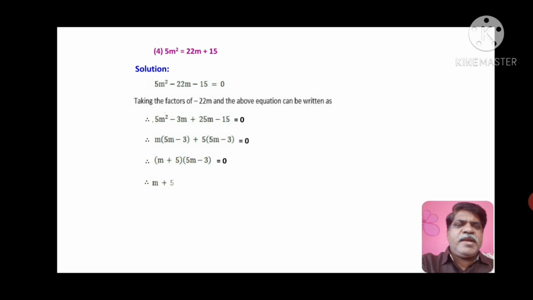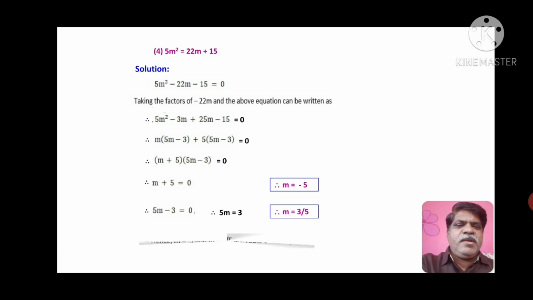Therefore you can write that m plus 5 is equal to 0, means you are getting m is equal to minus 5. Also 5m minus 3 is equal to 0, means you are getting 5m is equal to 3. Therefore you may write m is equal to 3 upon 5. Hence m is equal to minus 5 and m is equal to 3 upon 5 are the roots of the given quadratic equation.